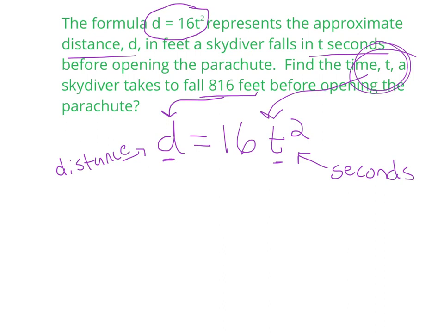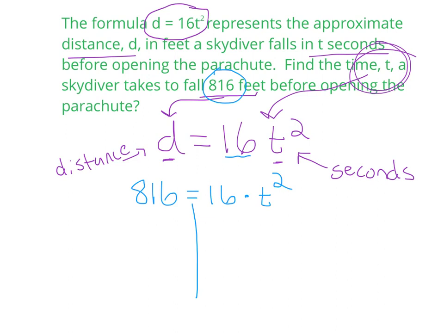Alright, so let's plug in the number given to us into our formula. 816 equals 16 times t squared. So because I have this number in front, it's actually a two-step equation. So using inverse operations, I want to solve for t, so I have to get rid of everything on the right side.